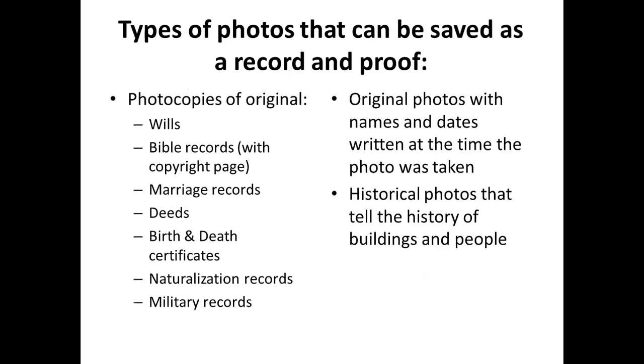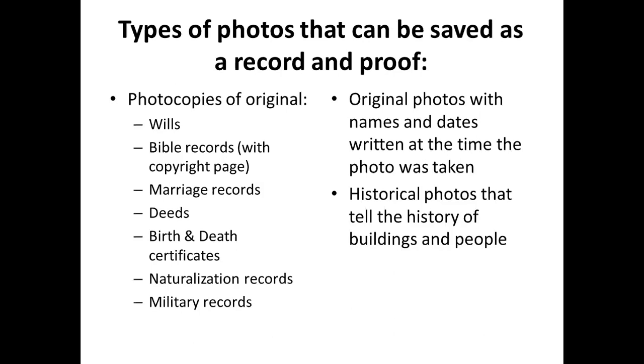So these are the types of photos that can be saved as a record and proof. So photocopies of originals: wills, Bible records with the copyright page, marriage records, deeds, birth and death certificates, naturalization records, military records. All of these are things that you can have a photograph or a photocopy of the original and have your source citation and it still be counted as a record, not just a photograph.